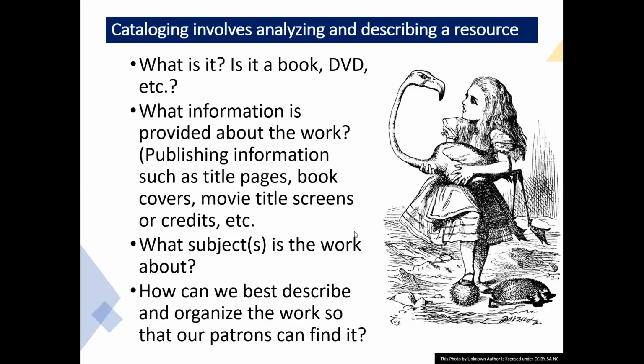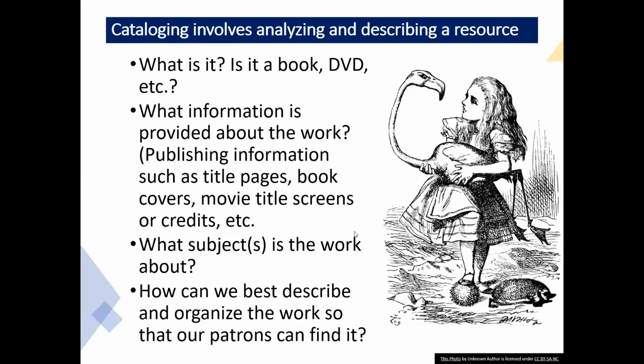But generally, when we think about a book, just think about any book you might get off your shelf. You're going to see things like a title page that has the title on it and the author and things like that. Book covers or book jackets, if you are a library that collects a lot of contemporary or popular fiction, almost all of them will have some kind of fancy book jacket on them.